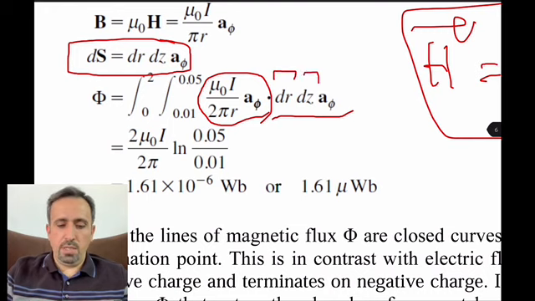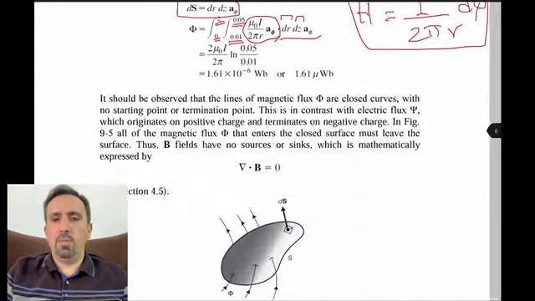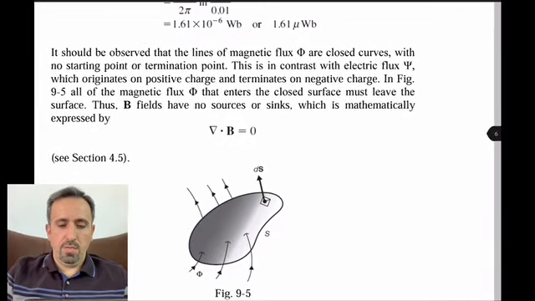For dr, it is given from 0 to 2, and for z it is from 0.01 to 0.05. Then you take the integration and the final numerical result will be found.